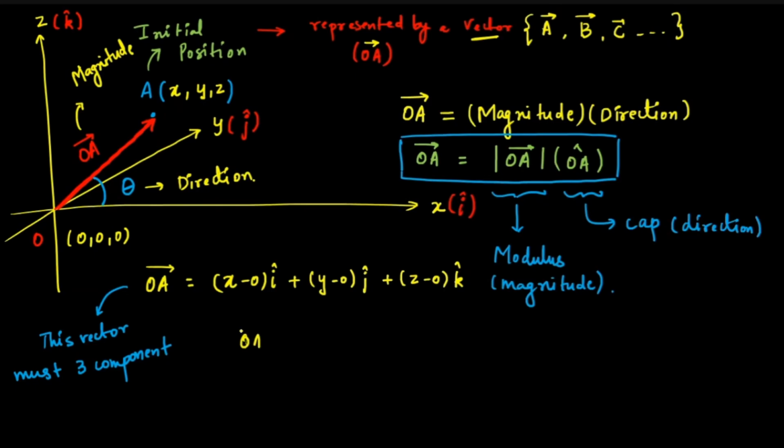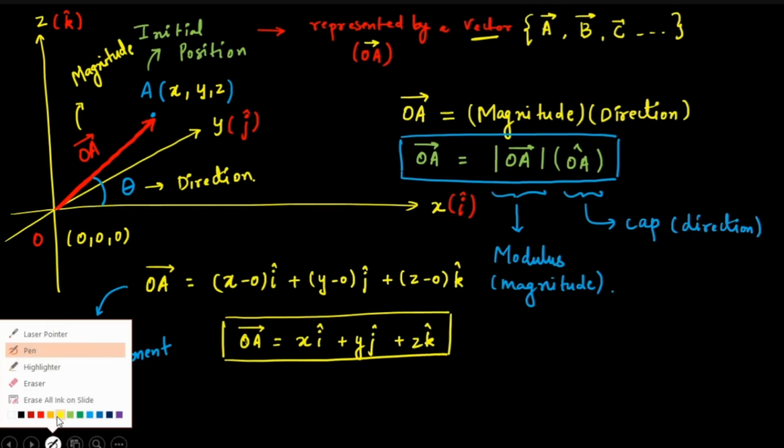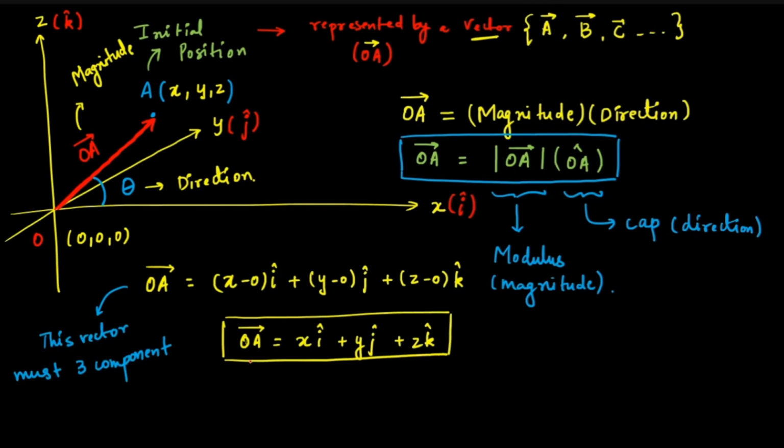So here OA vector we got as x I cap plus y j cap plus z k cap. So this is the position vector of any particle. So this is how the position vector is being written, or you can say represented using different axes.